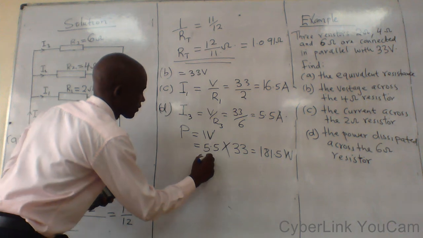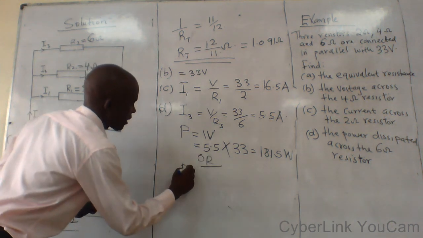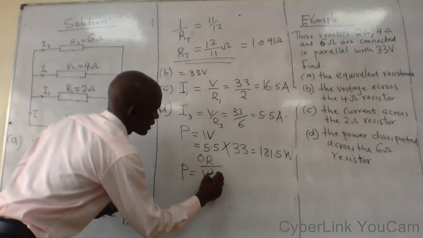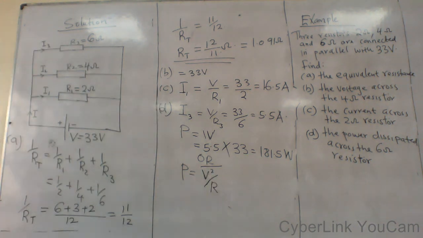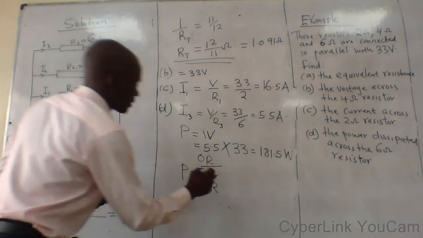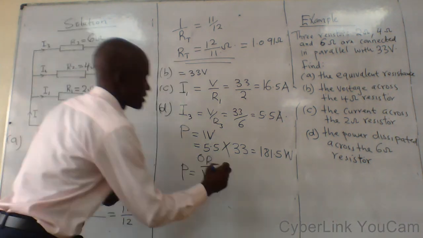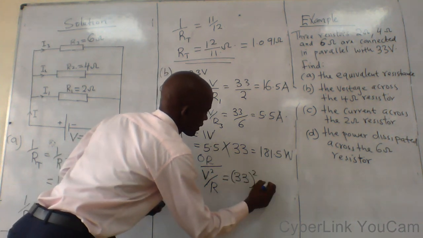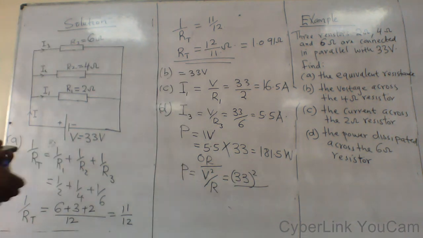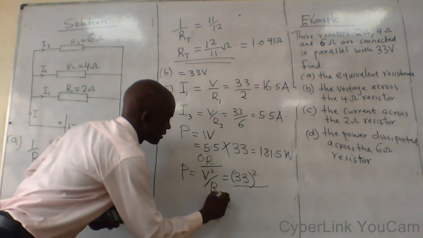Or you can say power is equal to V squared over R. I think you have these formulas. Remember, our voltage is 33 squared, divided by the resistance R3.